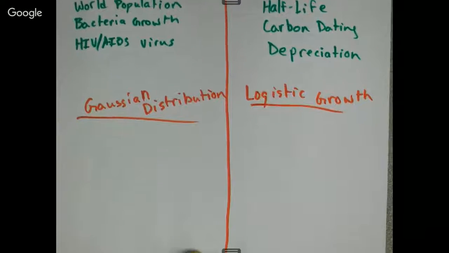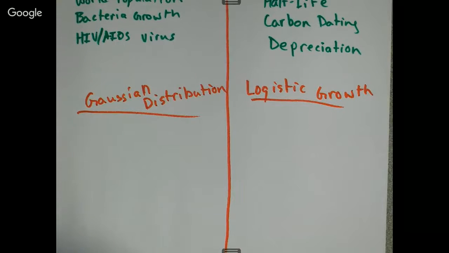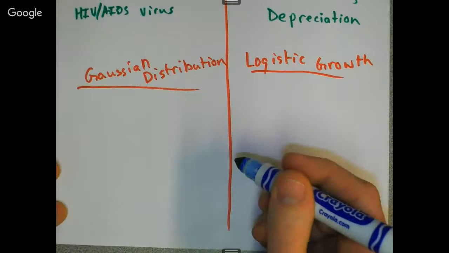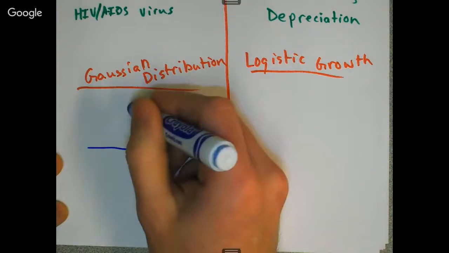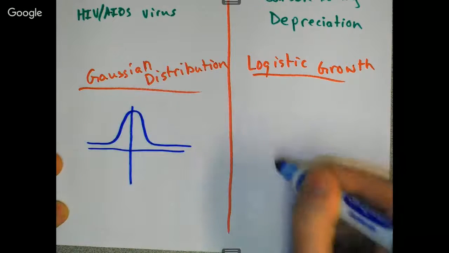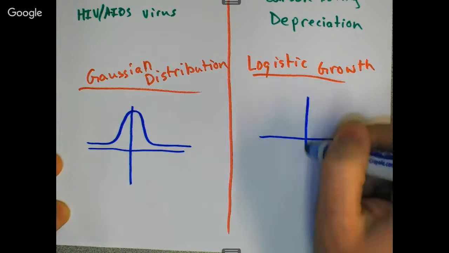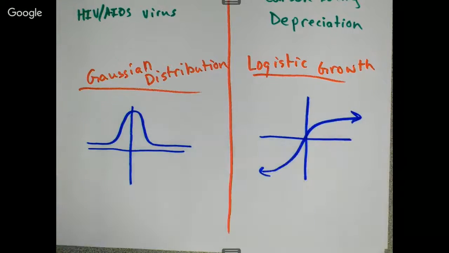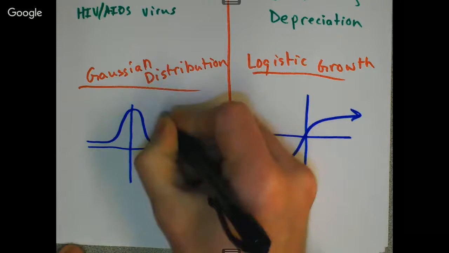The next two, we have the Gaussian distribution, and we have the logistic growth. So Gaussian distribution looks like this. Okay, and logistic growth looks like this. Again, these have formulas.